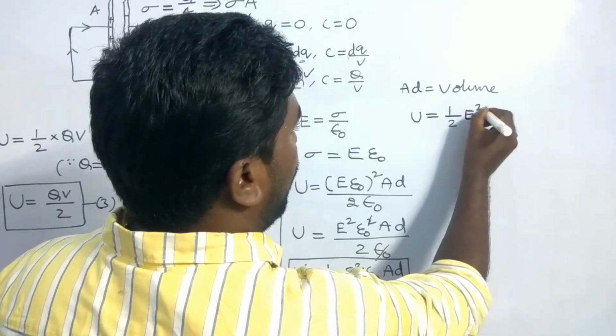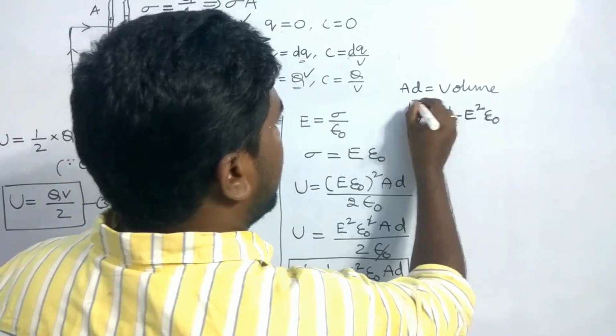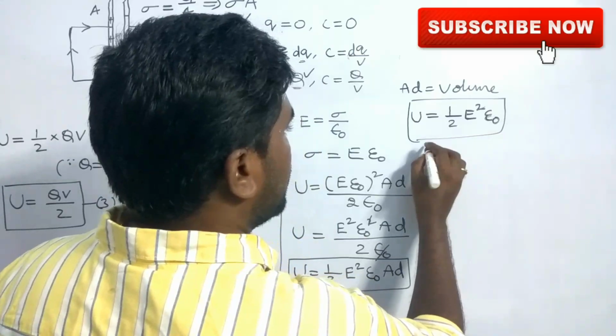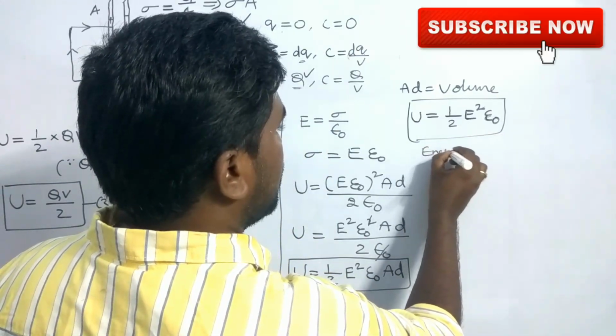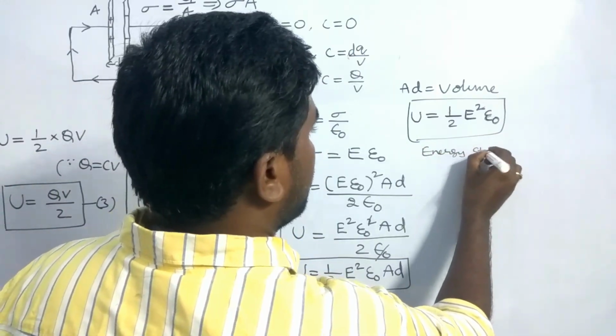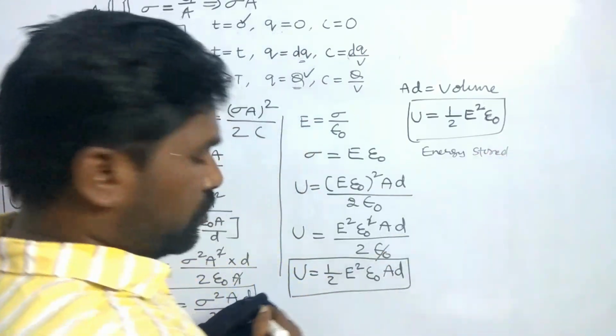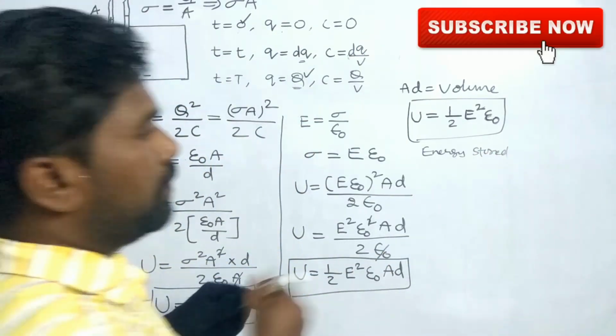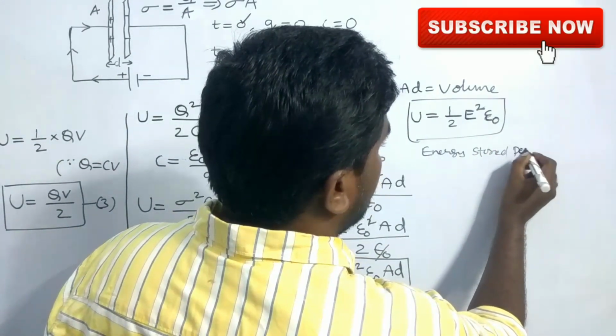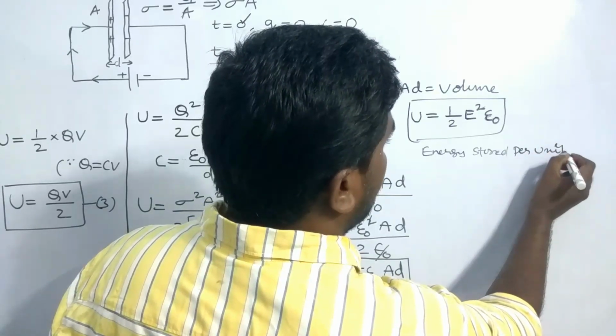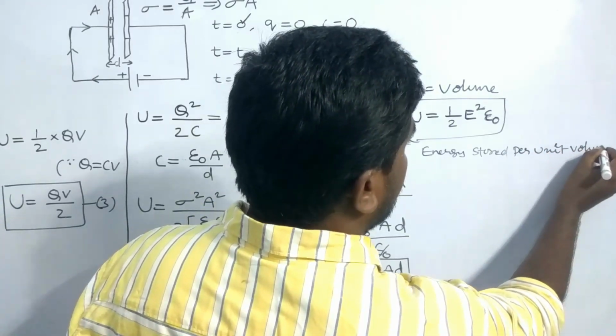It is equal to half E square epsilon naught. So this is energy stored per unit volume.